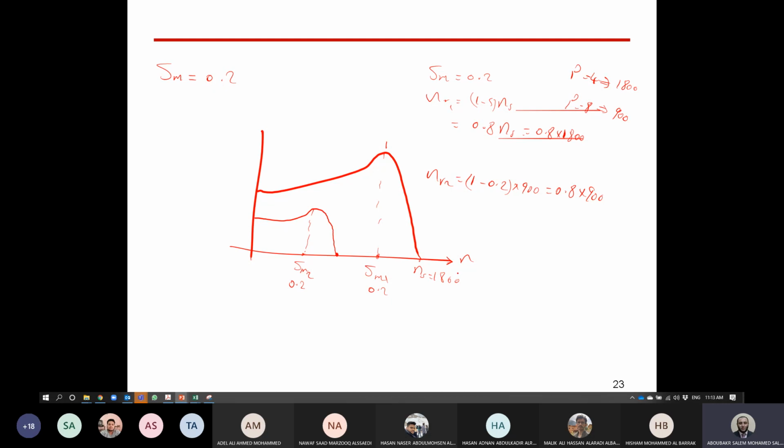And we said not, it's not equal for both of cases. Why? Because it's relative to the value of NS. NS has been changed from NS1 1800 to NS2 which is 900 here. So you cannot say 0.2 per unit is the same point.